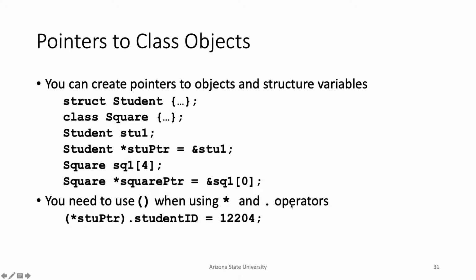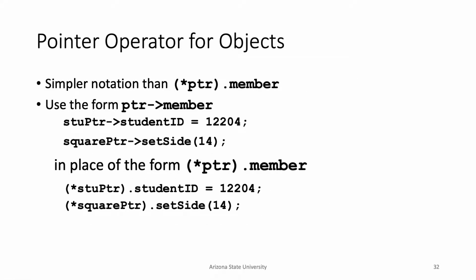But if you want to avoid the star entirely, you can use arrow. Instead of doing star the pointer name dot member with the parentheses, which looks a little complicated, you can just use the pointer arrow the member and you're all set. And that does literally the same thing.